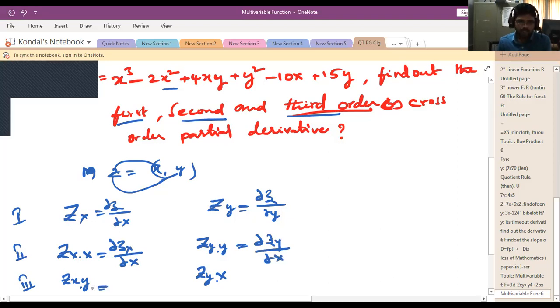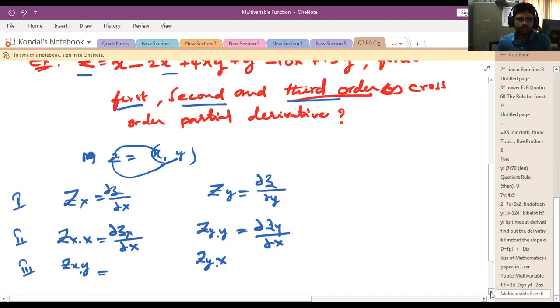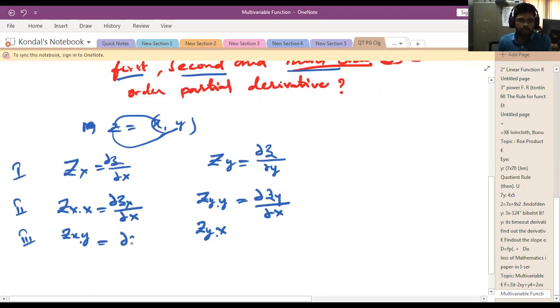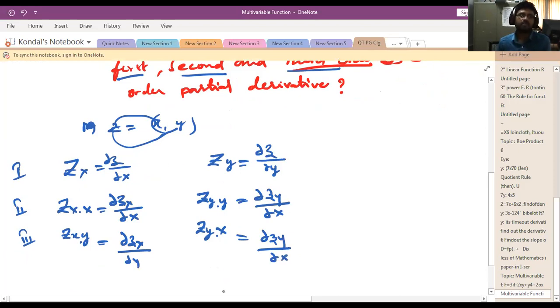What is zxy? Dou zx by dou y. And here dou zy by dou x. Have you got it? So this is the first order, this is the second order, this is the third order. Here we will do it one by one.